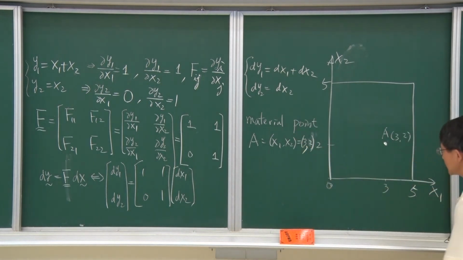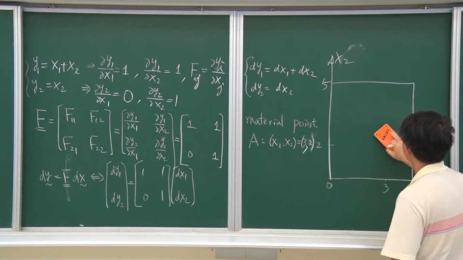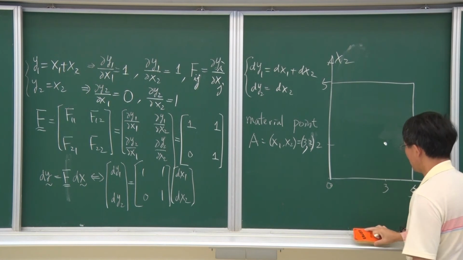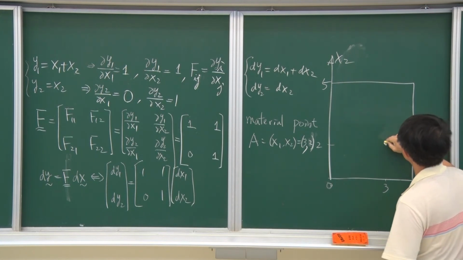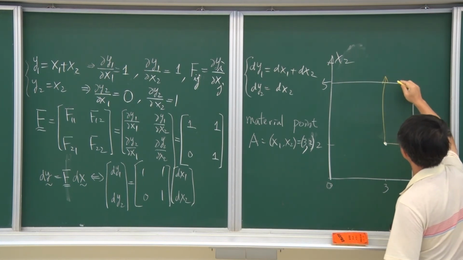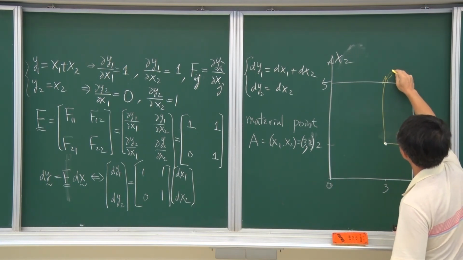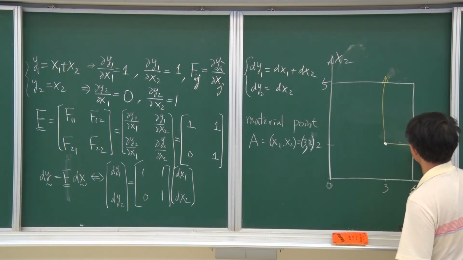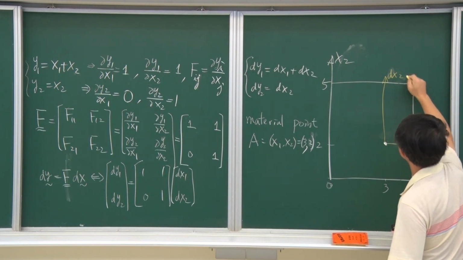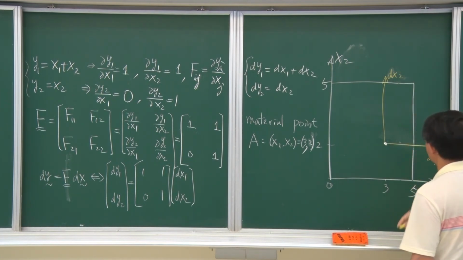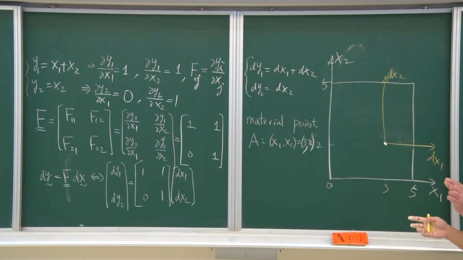Okay, and then we erase the blackboard and introduce a new axis here. It is not that big, because this dx1 is an infinitesimal quantity.